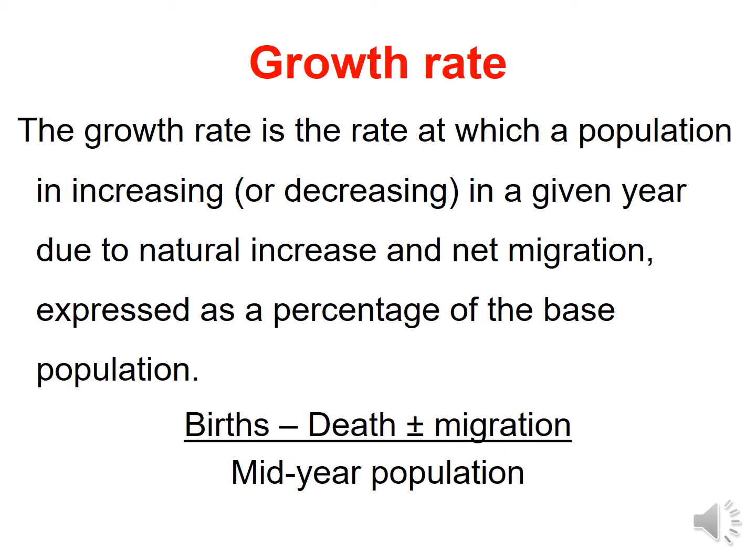The natural increase we studied previously, which is birth minus death, and the net migration is the result of migration, which is defined by in-migration minus out-migration of that area. So this is the equation: birth minus death plus or minus migration, divided by mid-year population. So this is how we can calculate the growth rate of any country.